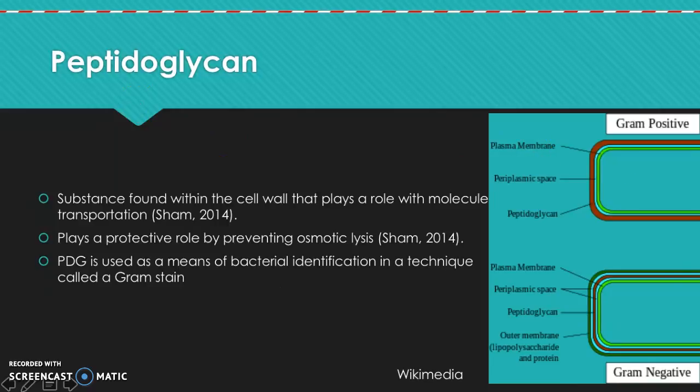This is the reason why someone who goes through the gram staining process has gram-positive cells that come out as purple and gram-negative cells that come out as pink. Gram-positive cells have a thicker peptidoglycan wall, which means that they're able to hold onto the stain more. They hold onto more stain than that of the gram-negative thin peptidoglycan layer.